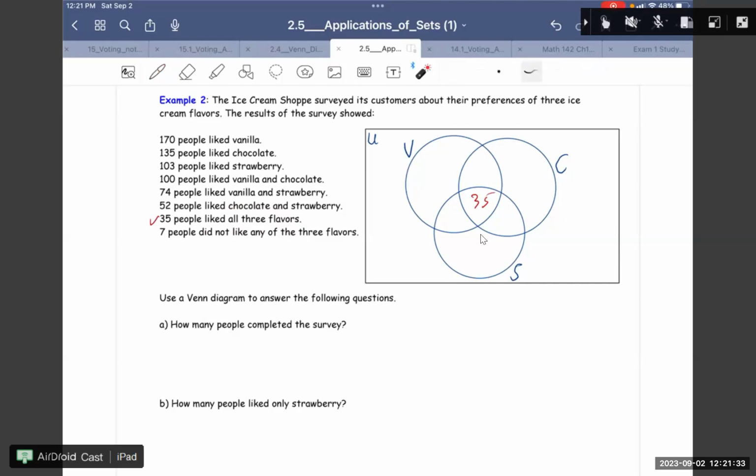Now we have 52 who like chocolate and strawberry. Whatever we have in here is 52 people, but we have already used 35. So 52 minus 35, so we have 17.